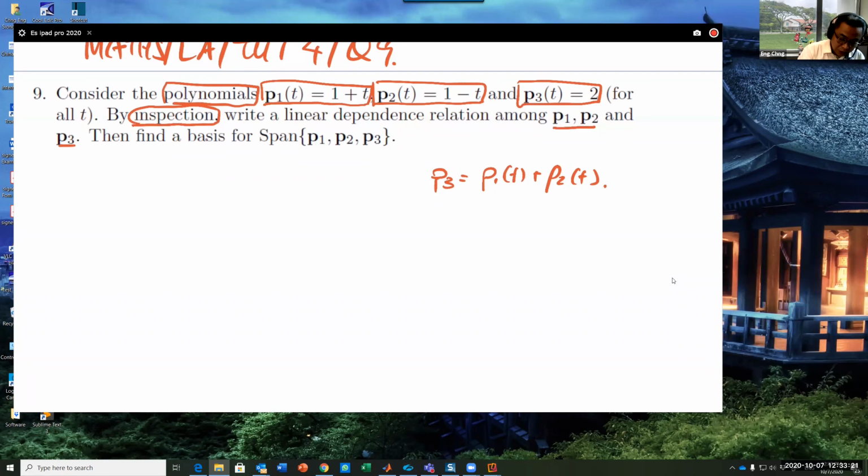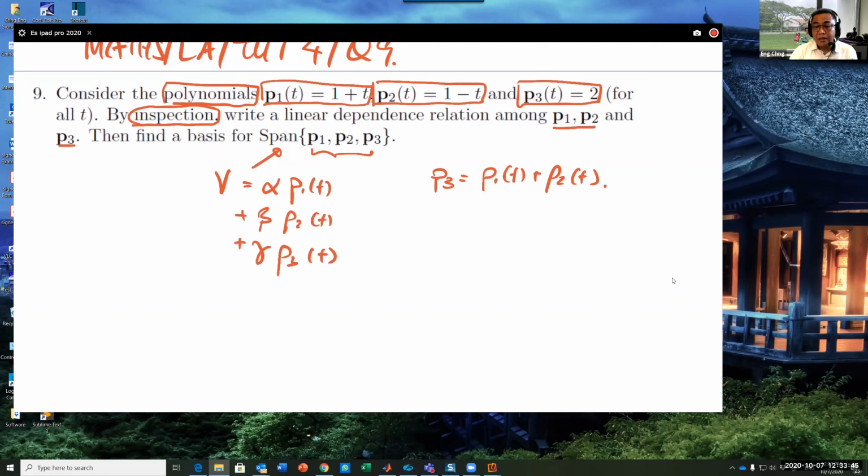So the question now is, we're given three vectors, and let's call this the vector space V. We say V is spanned by these three vectors, meaning that V can be any alpha times P1 of T plus beta P2 of T plus gamma P3 of T. Then we have a vector space formed by any linear combination of these three vectors.